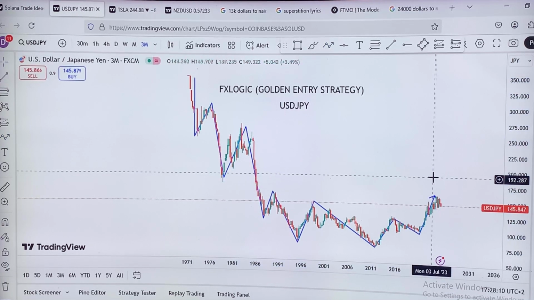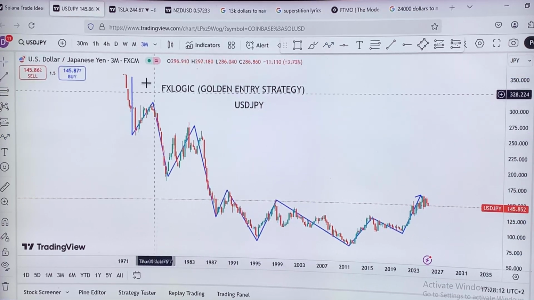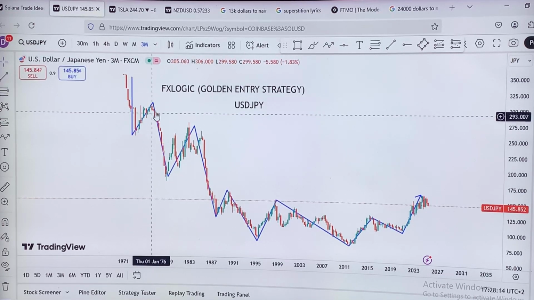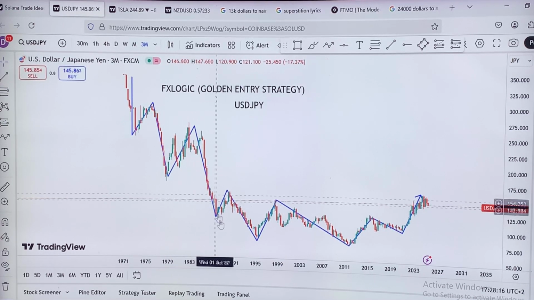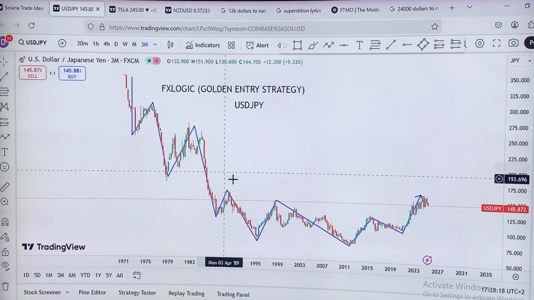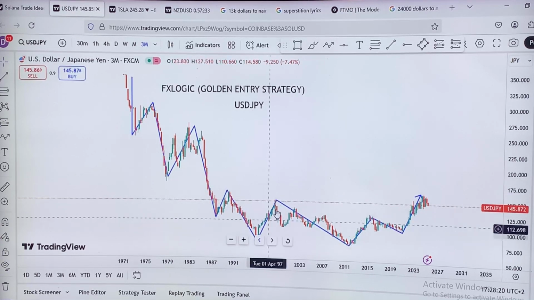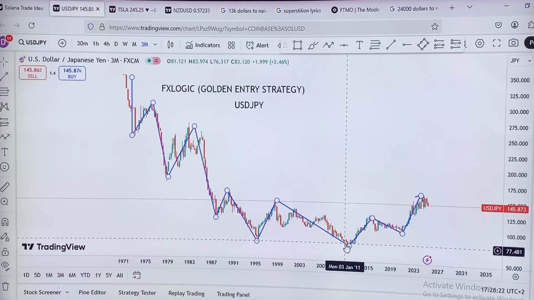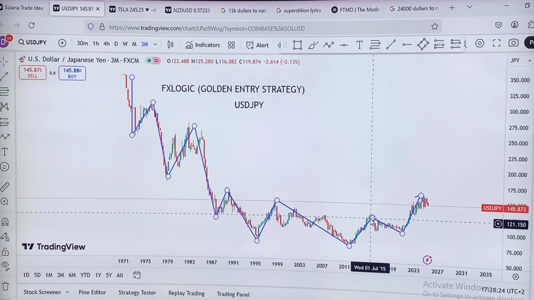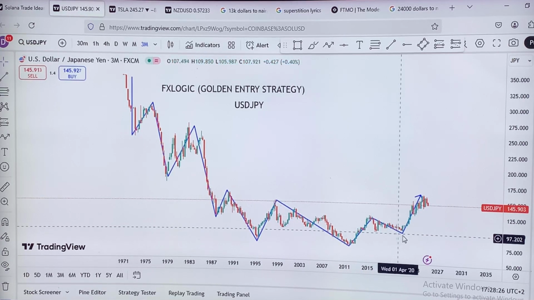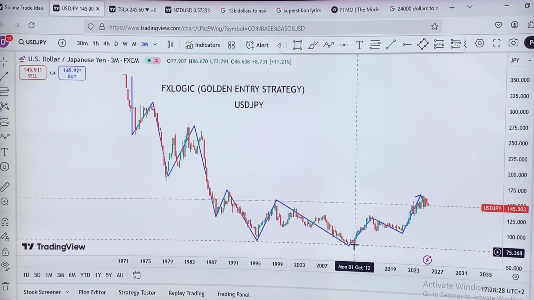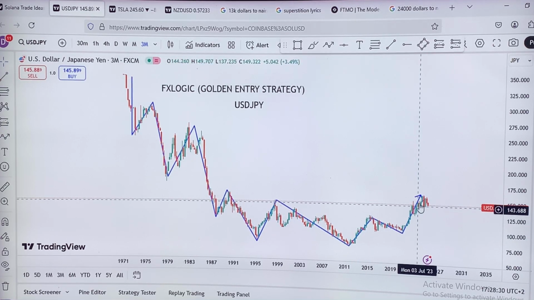So what can we see right now? This is a high, a low, lower high, lower low, lower high, lower low, lower high, lower low, lower high, lower low, then a lower high, a higher low, because this low is higher than this, then a higher high.